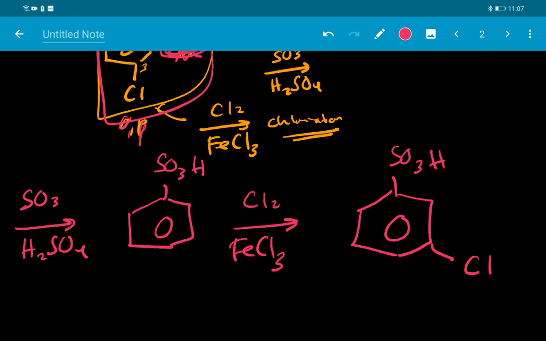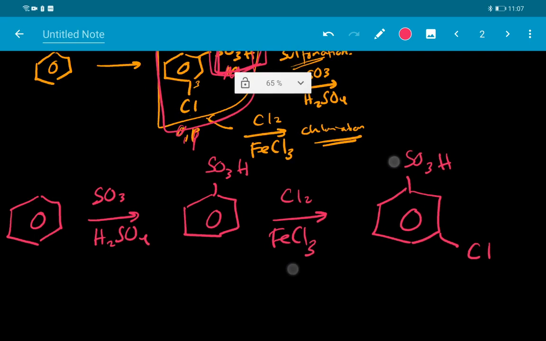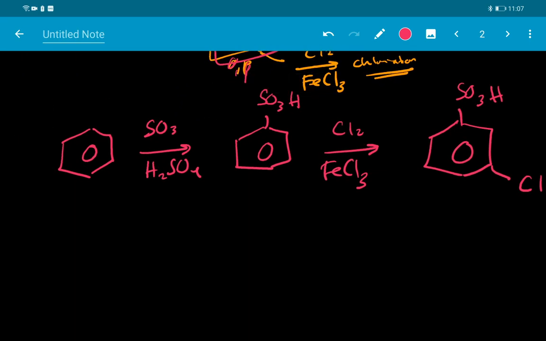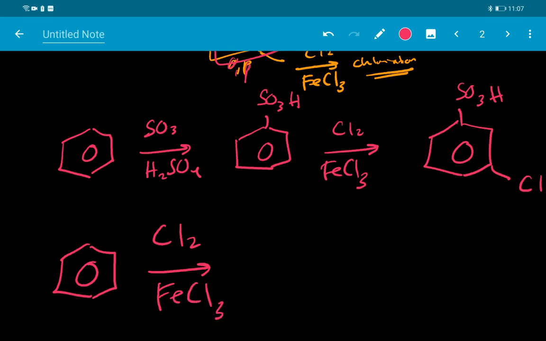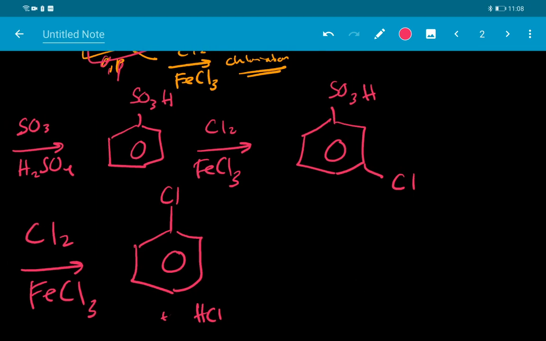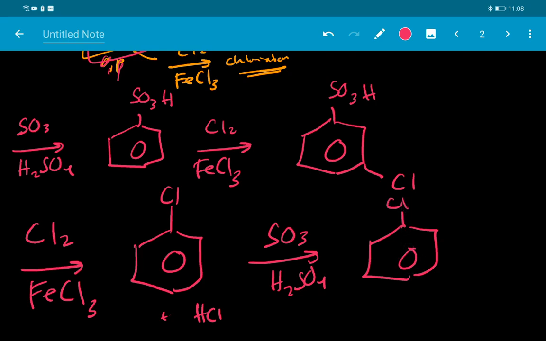Okay, what is the problem if we add Cl first? Let's say we do the chlorination first. We start with benzene, and then we add chlorine and FeCl3. So the first product will be Cl, and of course there's a side product of HCl. If we add SO3H later by adding SO3 together with the sulfuric acid, the SO3H will not be positioned at meta.